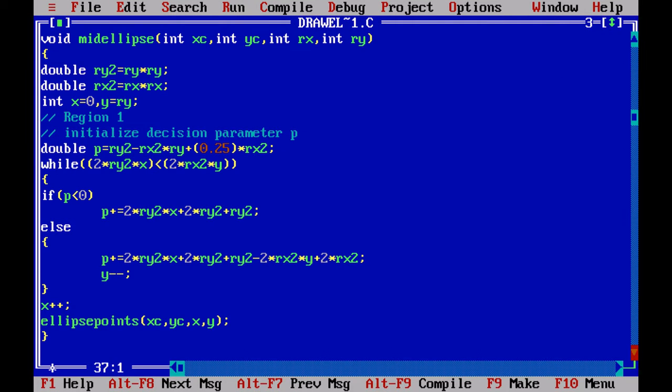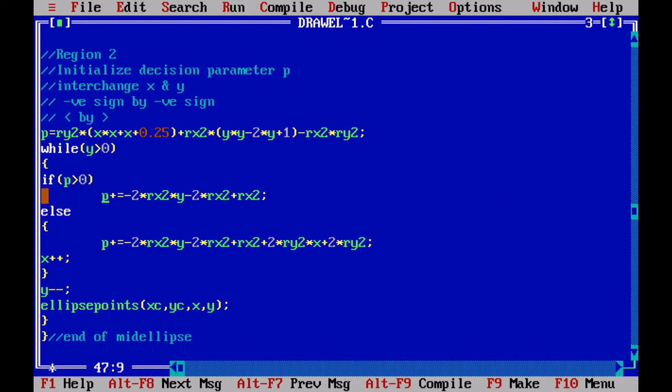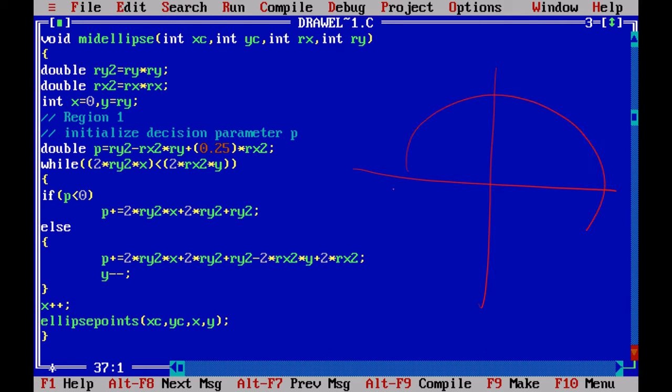In the mid ellipse function, we are going to divide the ellipse into four equal quadrants. We are going to calculate only this particular quadrant and plot the points on the other quadrants. This quadrant is once again divided into region 1 and region 2.